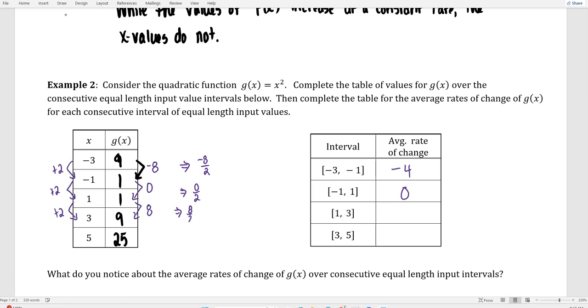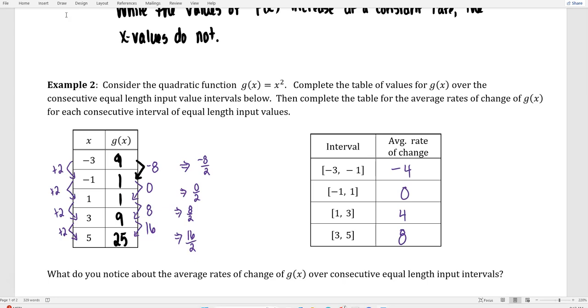I've got 8 over 2. That's 4. And then, let's see, from 9 to 25 is 16. And so that's 16 over 2, which will give me 8.